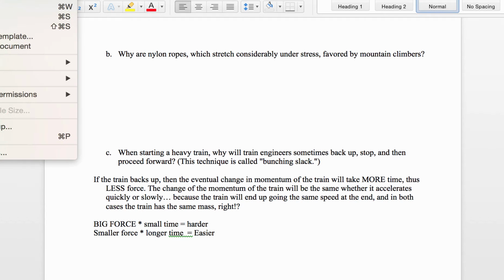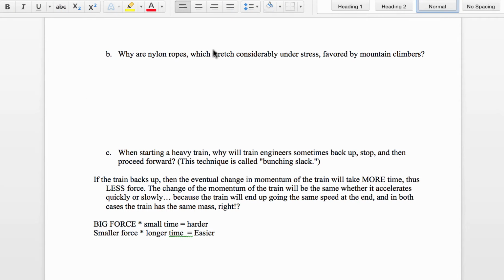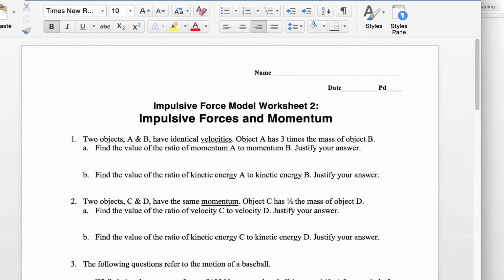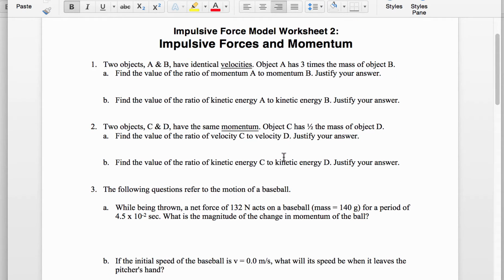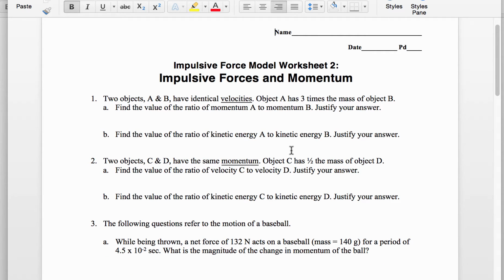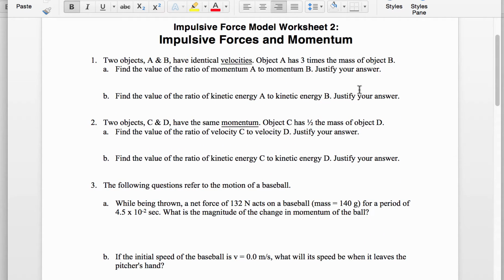Okay, I'm now going to open worksheet number 2. Worksheet number 2, okay, two objects with identical velocities. Alright, so I'm going to make up some numbers here, just so the math is easier.